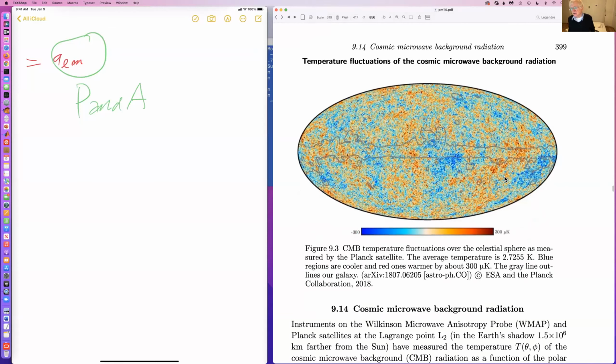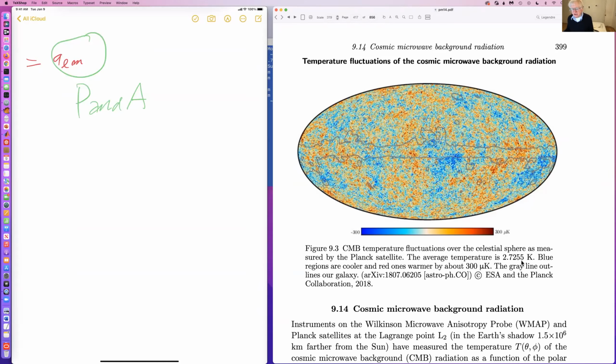One application of these spherical harmonics, of course, is to describe the CMB, the cosmic microwave background radiation. We have this lovely plot of the microwave background radiation. The blue regions are cooler, the red ones warmer, but only by about 300 microkelvin.